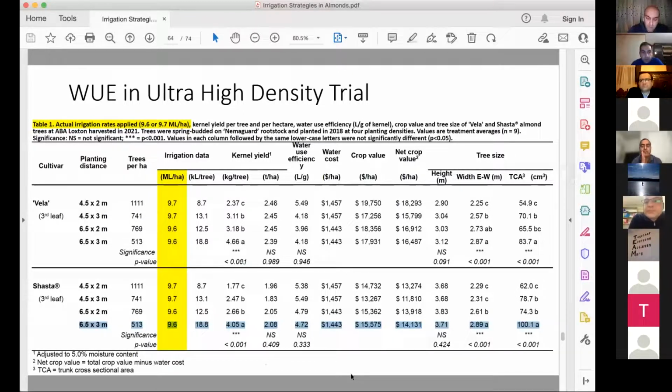I have a question. Can I ask a question? In Georgia, we mostly irrigate with high pH river waters, from 7 to 8 pH.